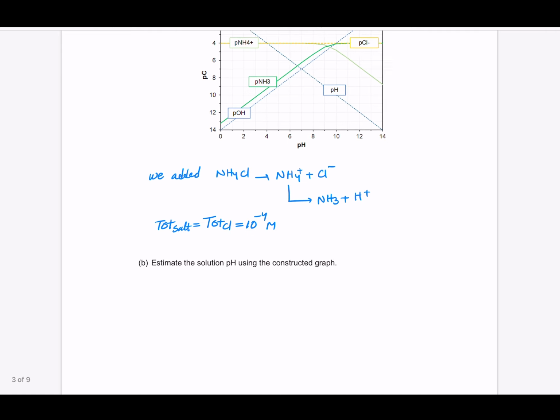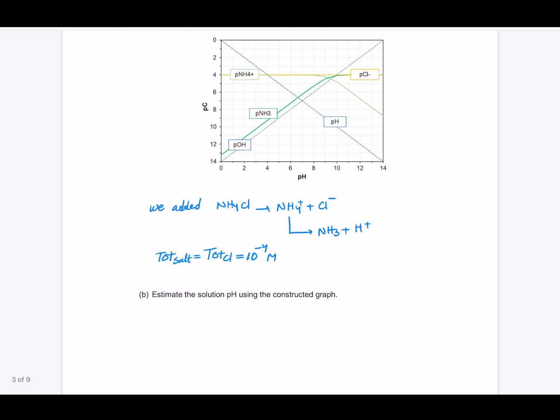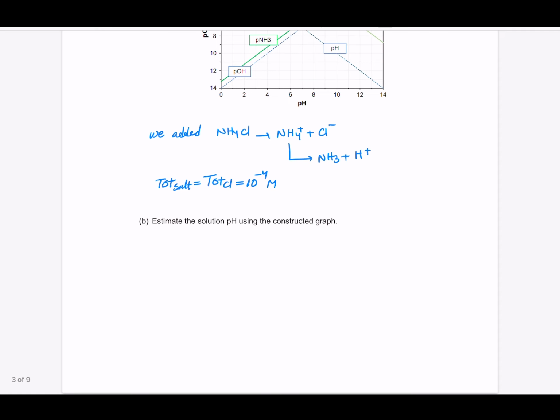Now the question is asking us to estimate the solution pH only by the graph. So we know the species, so we can basically derive the charge balance. The species which are represented by individual lines in the solution are H plus, OH minus, ammonium, ammonia, and Cl minus.